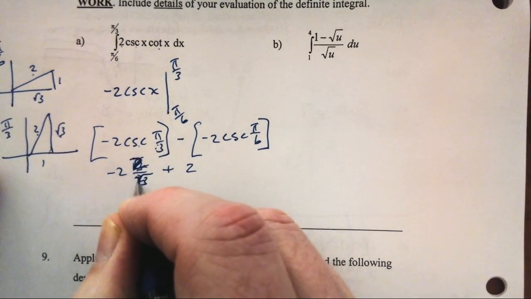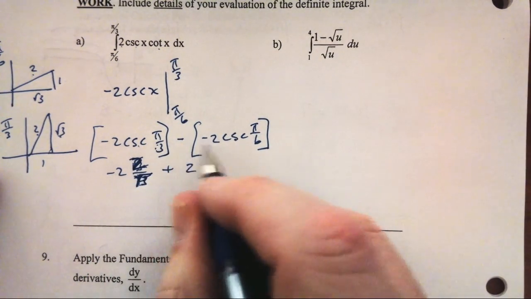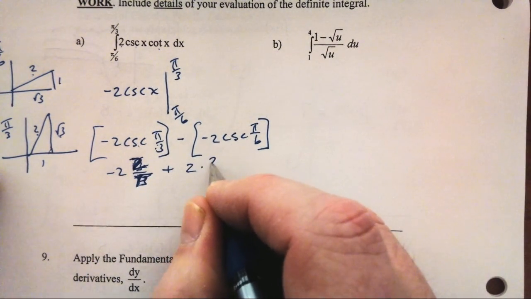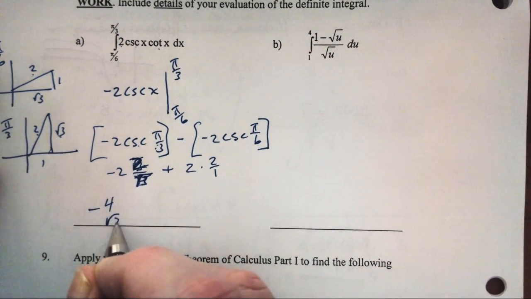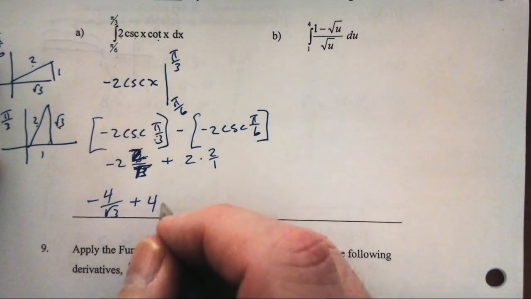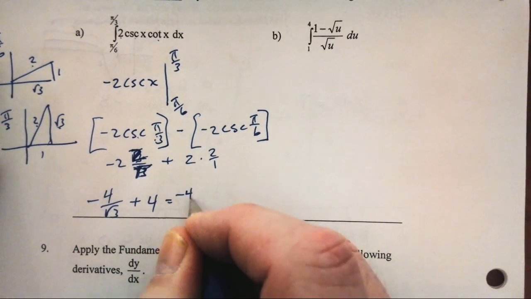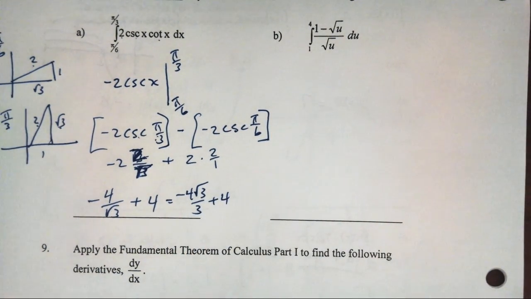I'll bet you caught that along the way. 2 on root 3, 2 on 1. So plus 2 times 2 on 1. So we end up with negative 4 on root 3 plus 4. Or if you like, negative 4 root 3 on 3 plus 4.